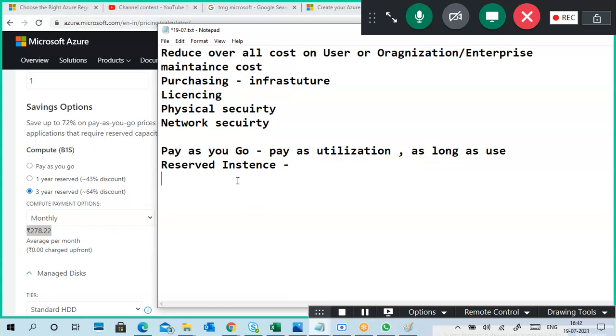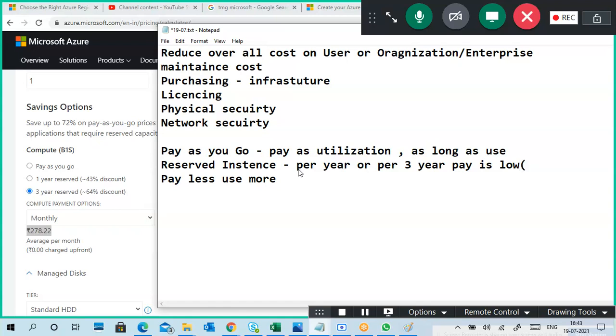Okay, so if you are utilizing more resources, comparatively you will get a discount. Pay less, use more, kind of stuff. Reserved instance: obviously, if you reserve an instance per year or per 3 years, the pay is very low.